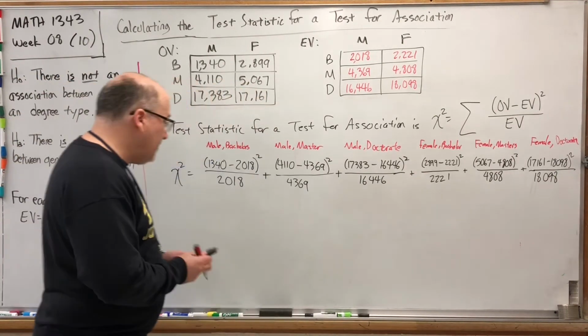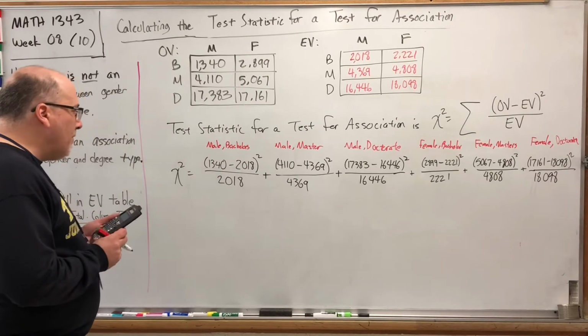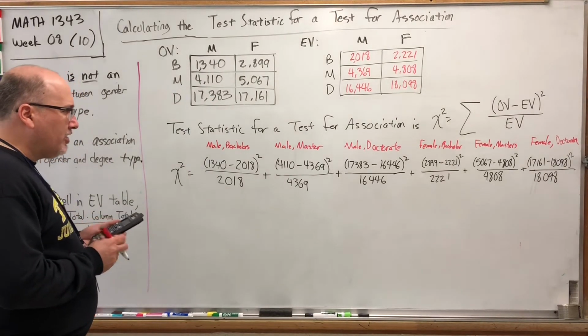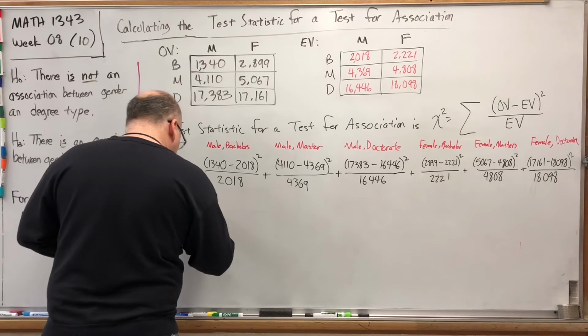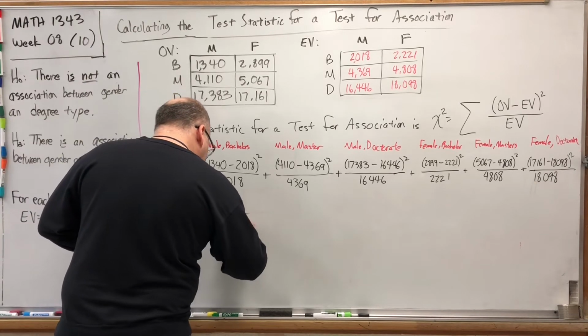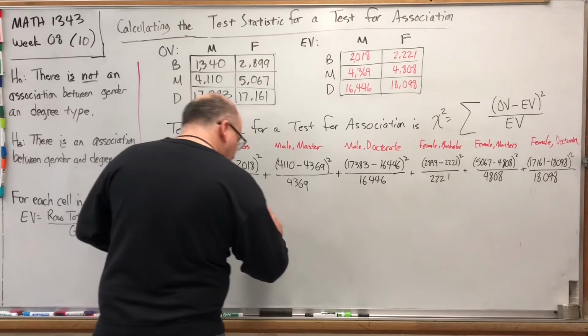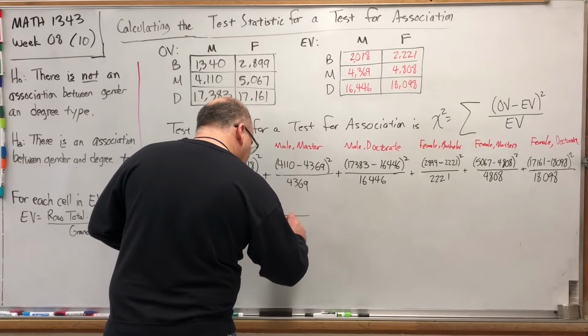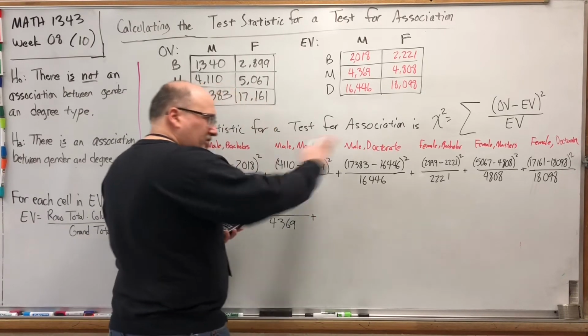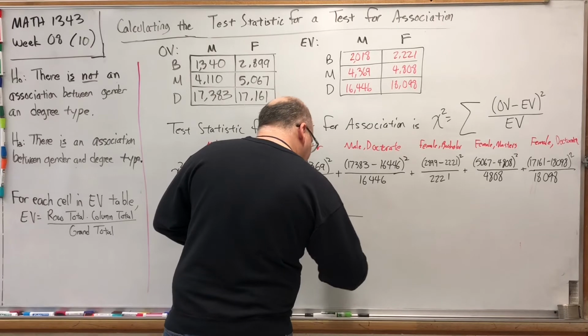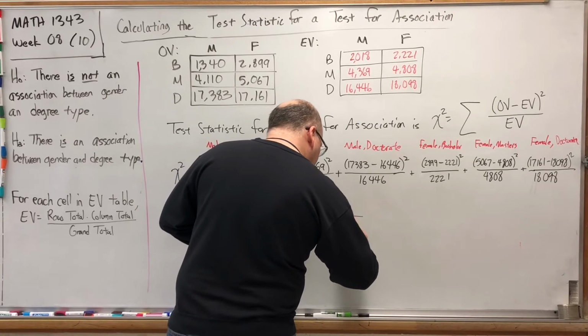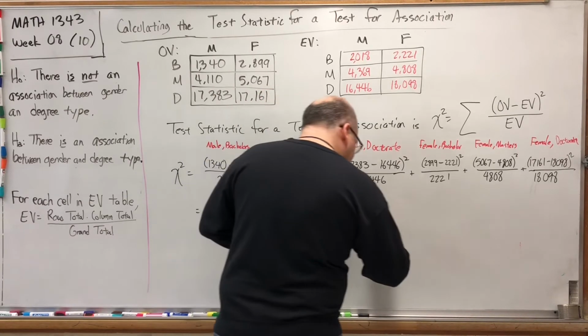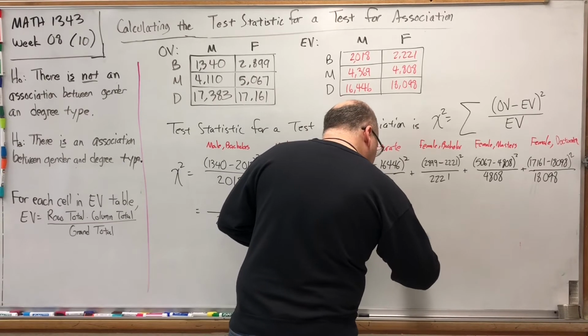All right, so what's the best way to put this in a calculator? Cautiously and slowly. What might help is to calculate each numerator separately, and then that way you can just do plus and divide all the way across. It's not impossible to type the whole thing in one fell swoop. It's just such a lengthy calculation that there's a tendency to make errors, which makes sense.